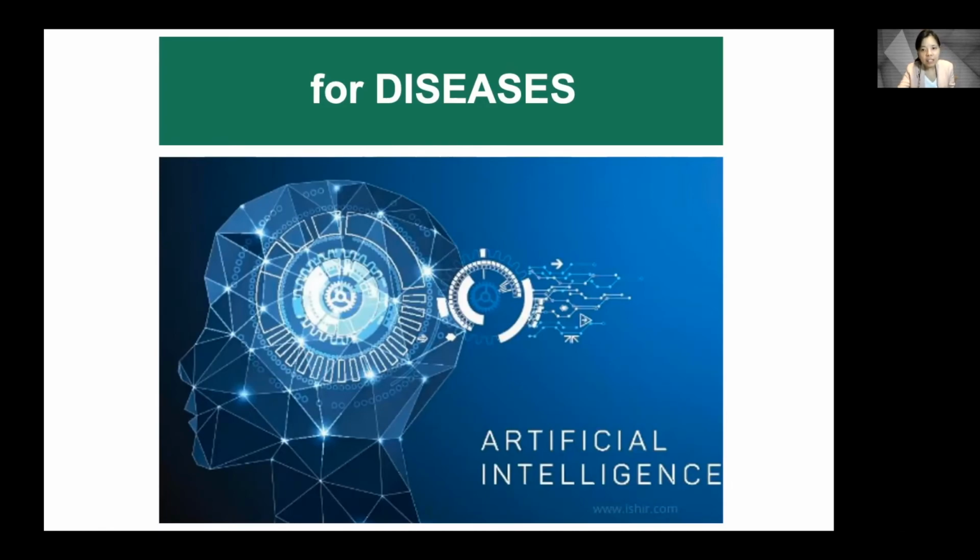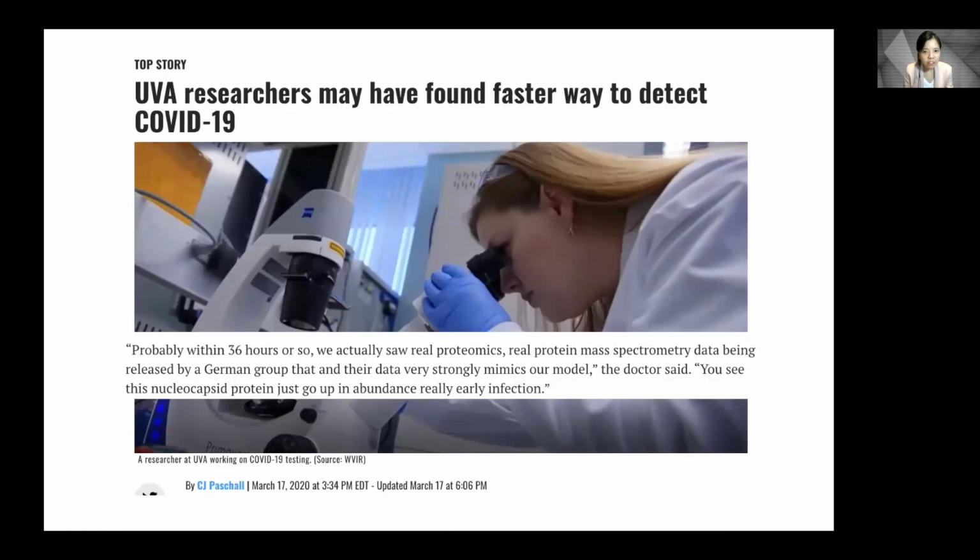For diseases, last year, it was reported that one can also use mass spectrometry to detect early infection of COVID-19. Since mass spectrometry data is not so expensive to generate, and it is an instrumental machine that is accessible to major hospitals, it is now considered an important source of data.